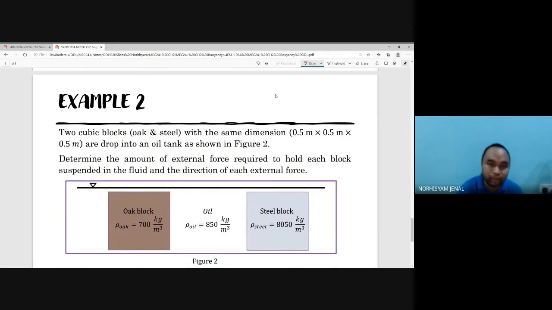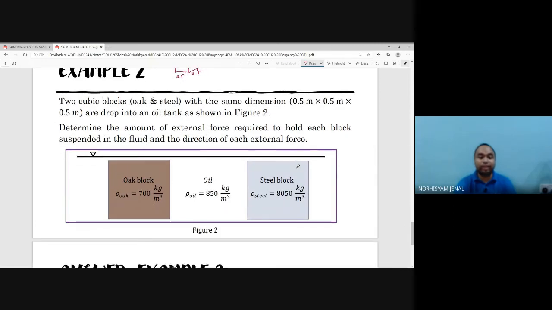It means we have a cubic block where this is 0.5, this is 0.5, this is 0.5. Determine the amount of external force required to hold each block suspended in the fluid and the direction of each external force. This one is a bit different.